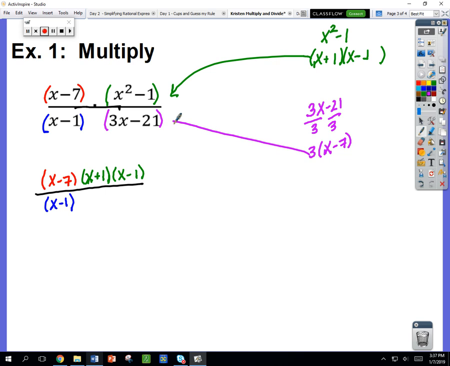So instead of 3x minus 21, I'm going to write it this way. So now I'm going to look and just see, is there anything that can cancel? Is there anything I can get rid of? Well, x minus 7 cancels, and x minus 1 cancels. So the simplified version of this ends up being just x plus 1 on top, and you can leave it in parentheses or take it out, that's up to you, all over 3.